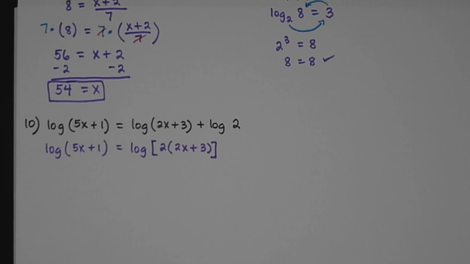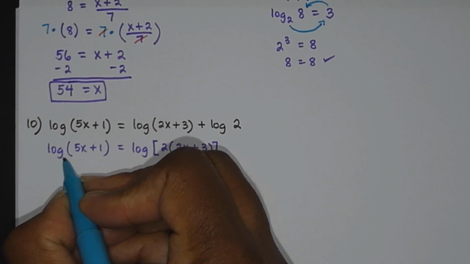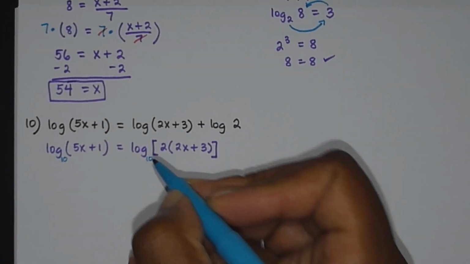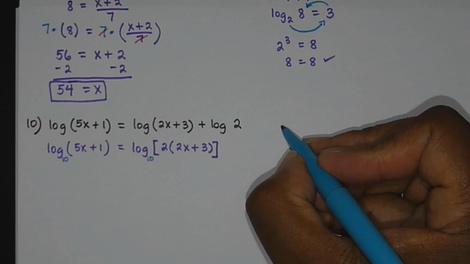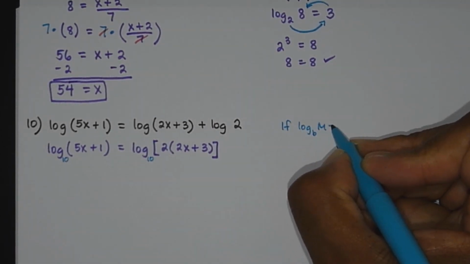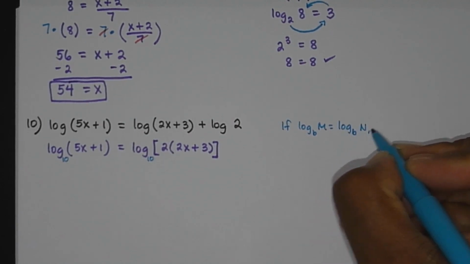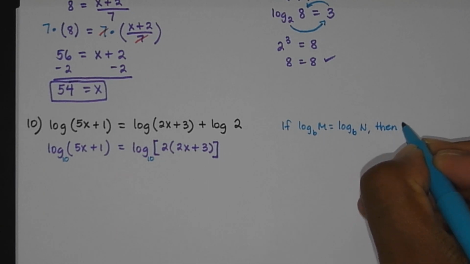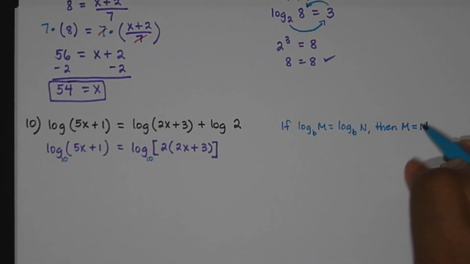Now notice I have the log on both sides of this equation, and it's actually log to the understood base of what? 10 on both sides. So here I can apply the one-to-one property, and that one-to-one property is this: if log to the base b of m equals log to the base b of n, then I can say that m is equal to n.